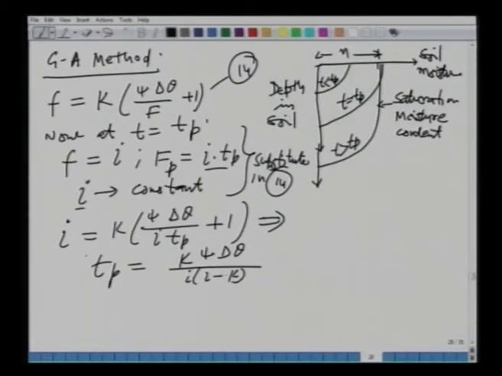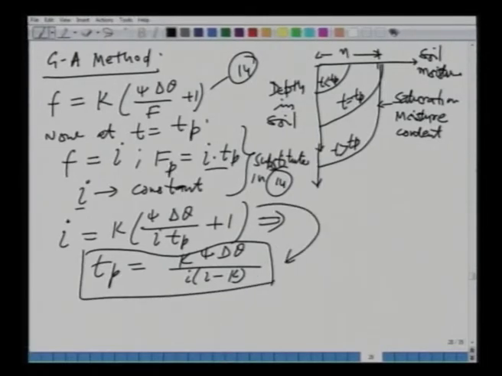I am not going to derive that; it should be very easy for you all to get from this equation to this equation. You can take this as an exercise and verify this. Okay. And let me say that this is my equation number 15.